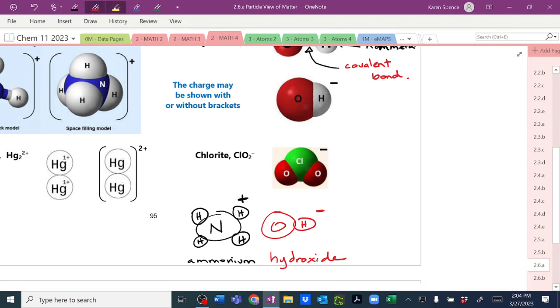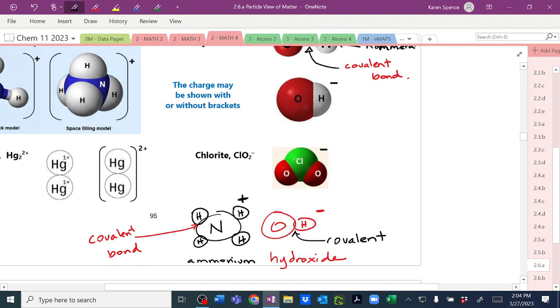What type of bond do we have in between the N and the H? That is covalent. What type of bond do we have in between the O and the H? That is a covalent bond.